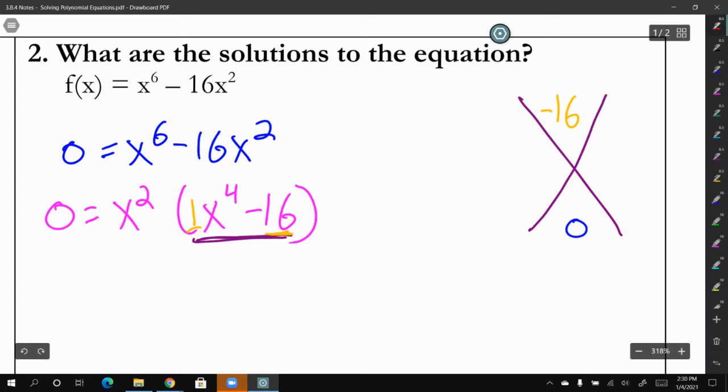Well, the only way for 2 numbers to add to 0 is if one of the numbers is positive and one of the numbers is negative, and if the numbers are exactly the same, like positive 2 and negative 2. But we need these 2 numbers to multiply to negative 16. So we're going to do negative 4 and positive 4.